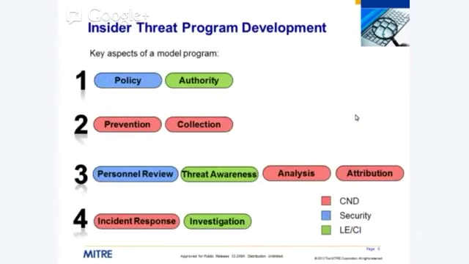There are various models of an insider threat program, and the aspects map to the organization within your company that would handle them. Policy and personnel review is handled by your SSO type shops, your lawyers, stuff like that. The pink ones are prevention, collection, analysis, attribution, and incident response. That's your C&D shop.